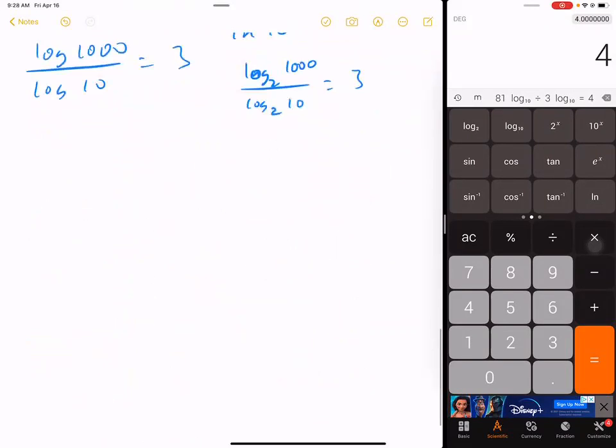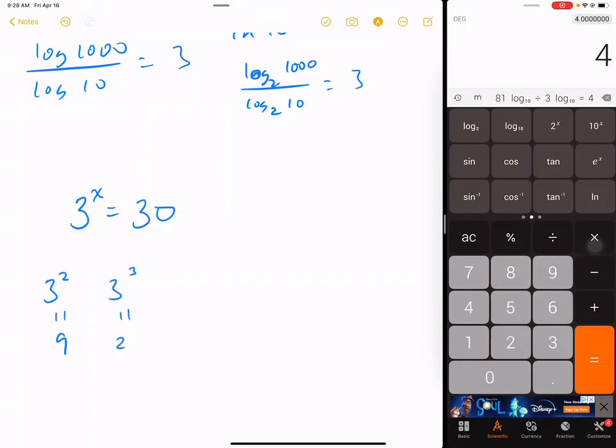But what if I give you this? 3 to the x power is equal to 30. Can you think of 3 to a number that will give us 30? Not really, right? So let's work it out. 3 squared equals 9, okay? 3 cubed is 27.